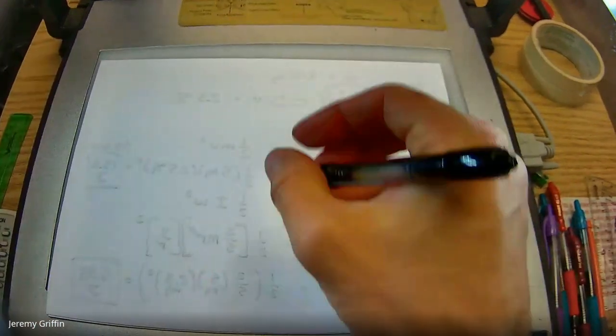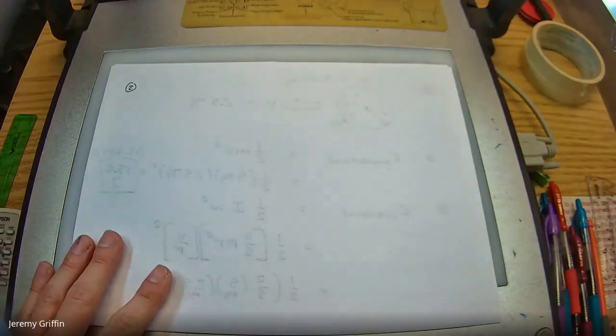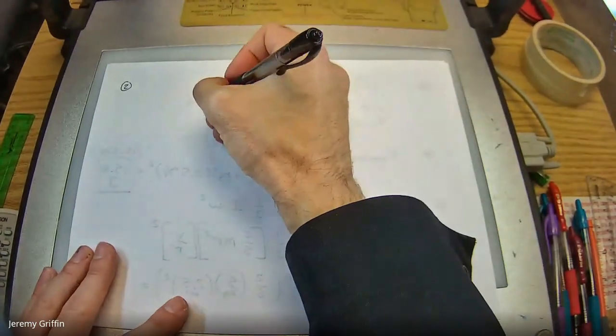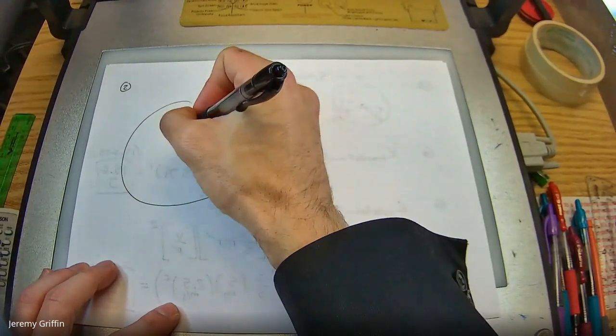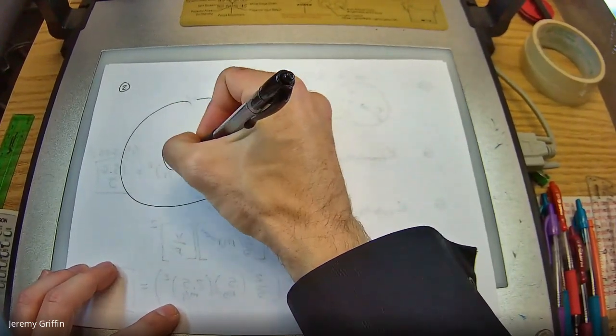Let's figure this out. Number 2. All right, so your big wheel, small wheel, everything's rotating about the middle.